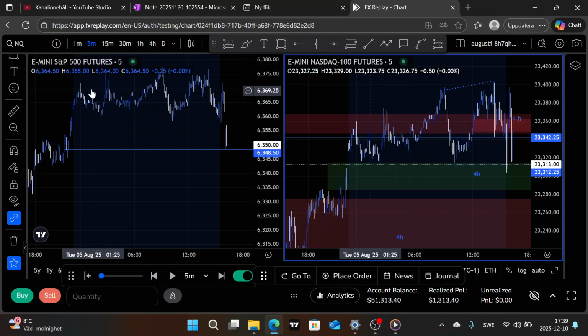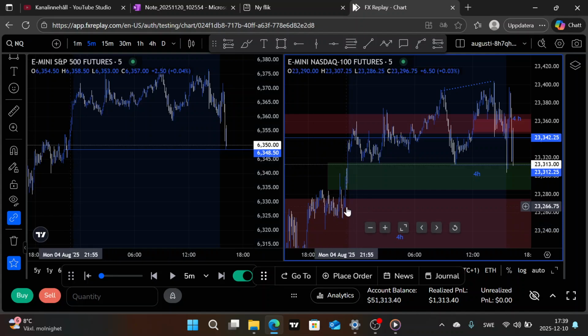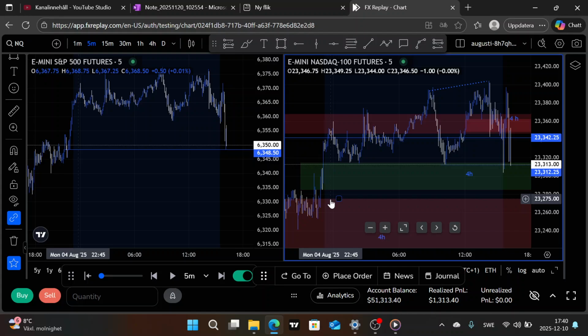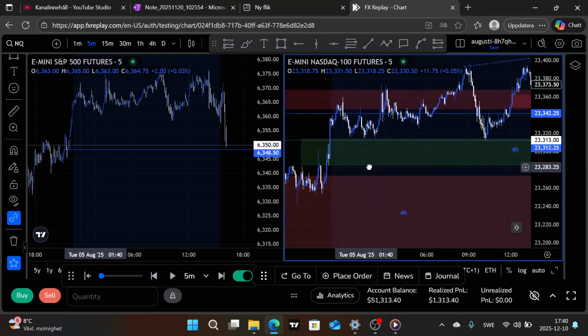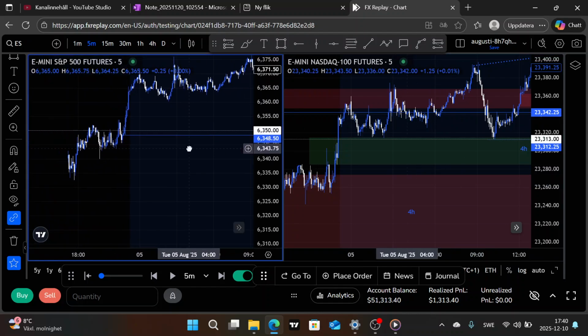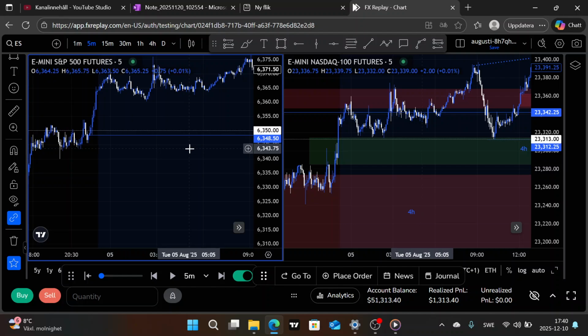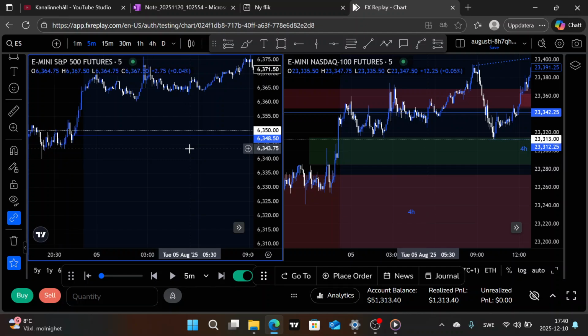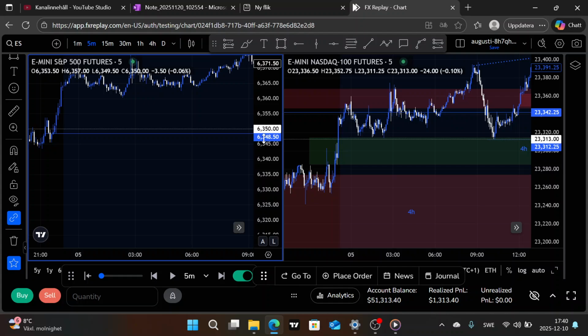As you can see, ES does go through all these inefficiencies for fair value gaps and sweeps these lows right here. So these lows in lower time frame, for example this one, it is an SMT.